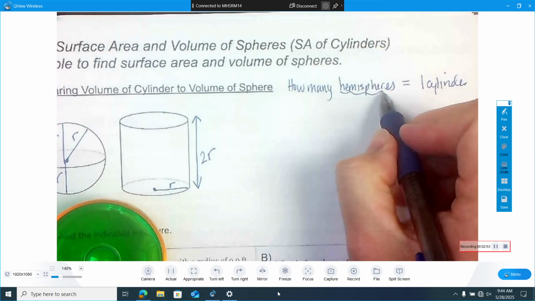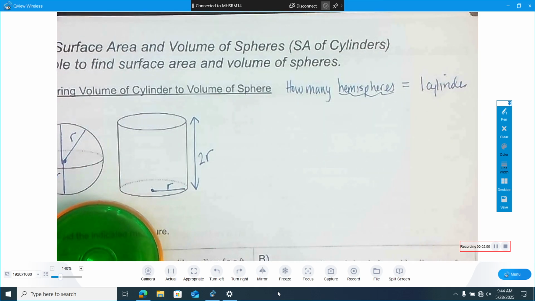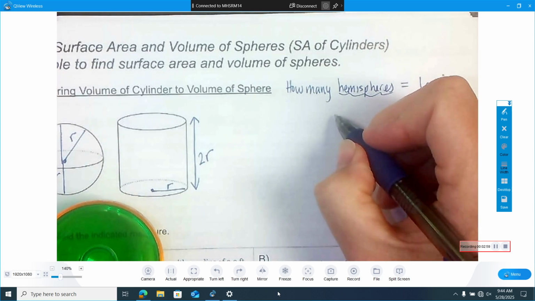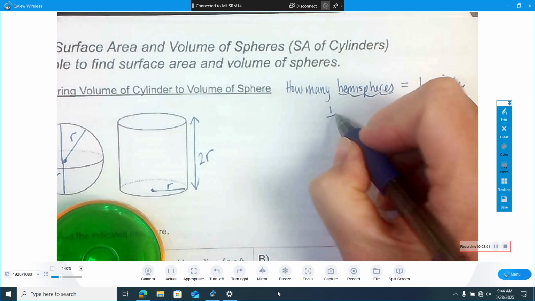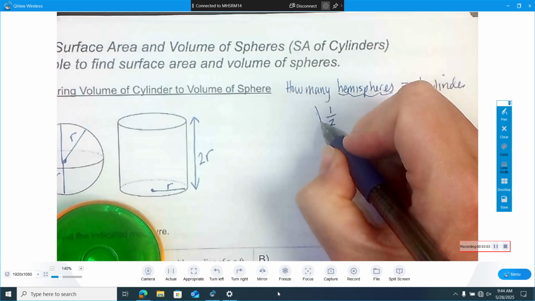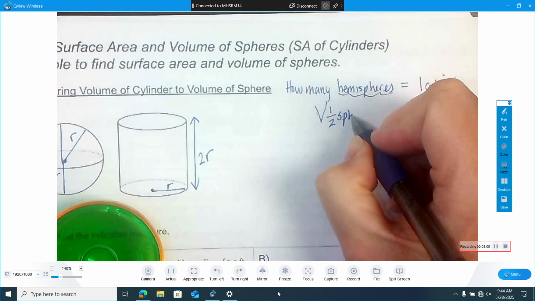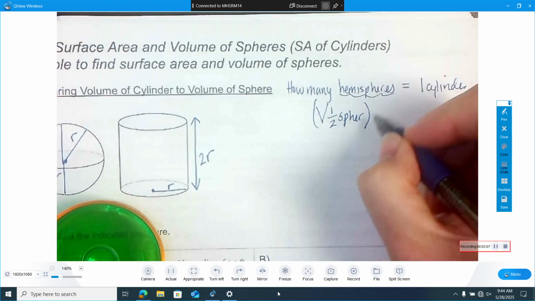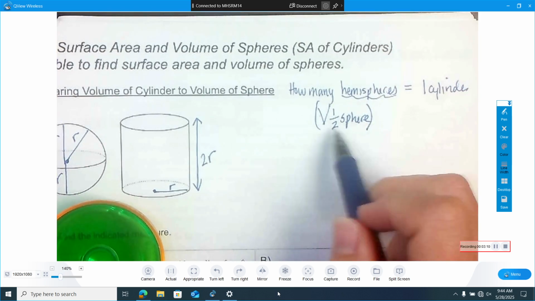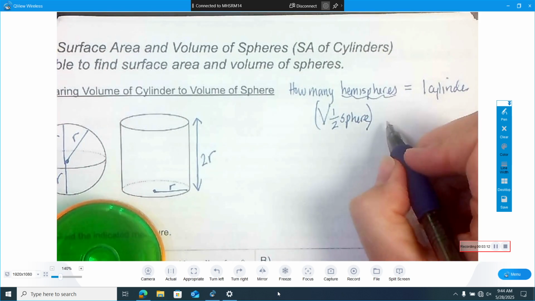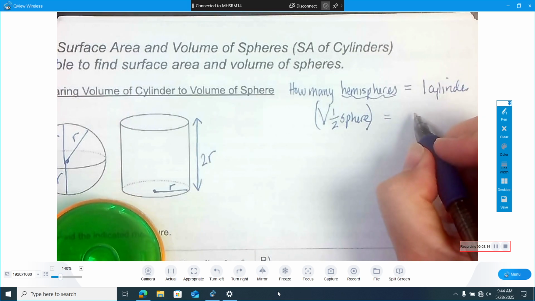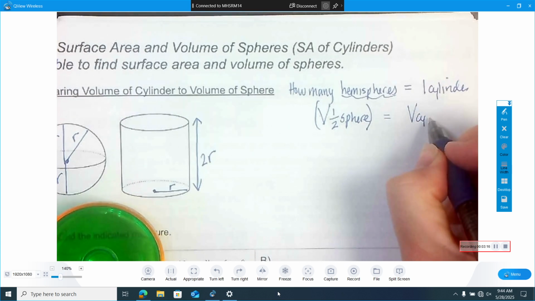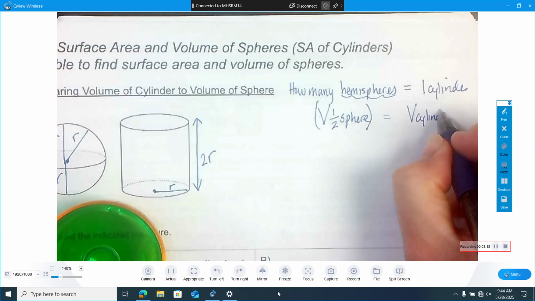So what is a hemisphere? Half a sphere. So we're looking at the volume of half a sphere, the hemisphere. We want to know how many hemisphere volumes are equal to the volume of one cylinder.